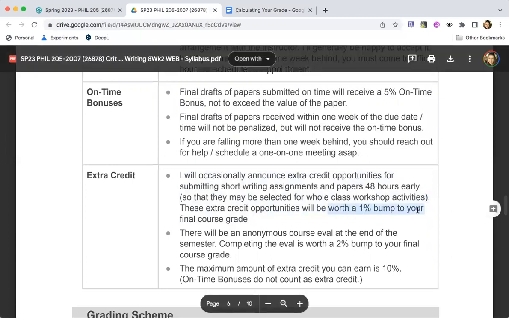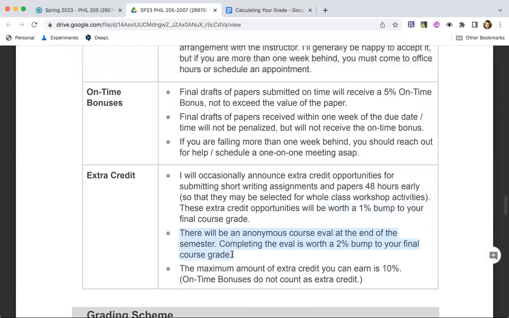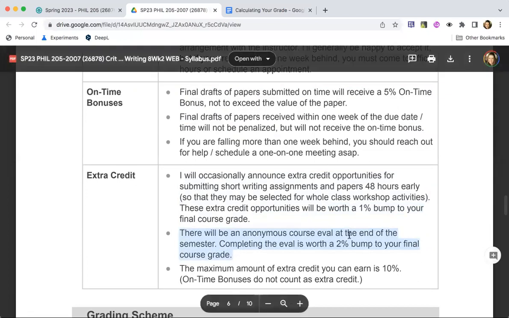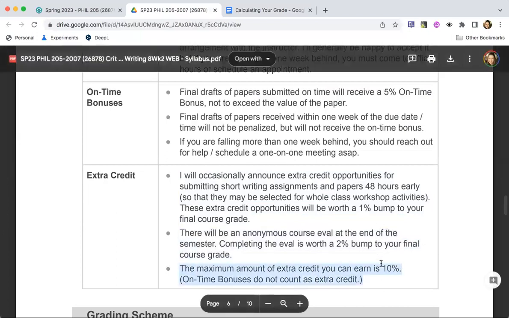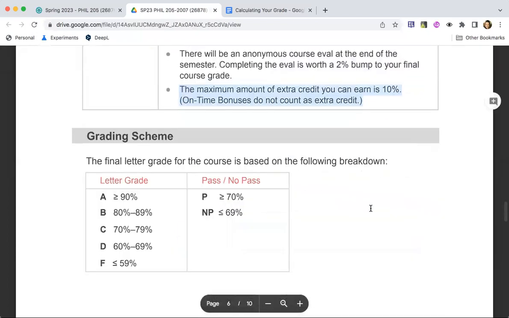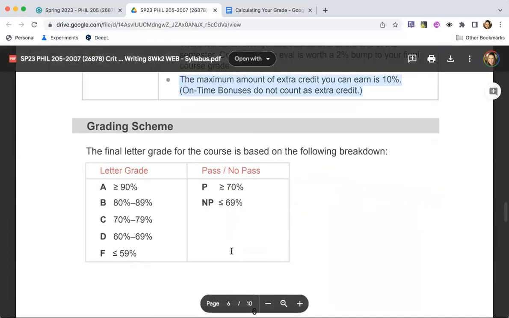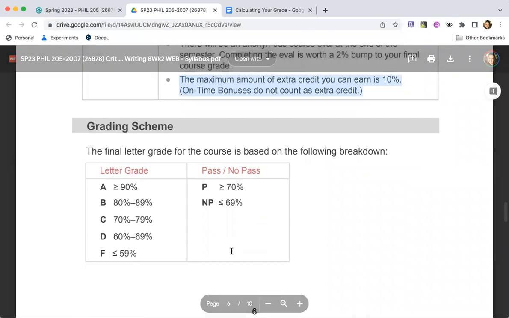You'll get extra credit if you submit early, even if your paper is not selected. Just getting it in early gets you that extra credit bump. There's also going to be an eval at the end of the course worth some extra credit. I don't think anyone's ever earned more than 10% of their grade in extra credit, but if that ever happens, that's the cap. Okay. And basic grading scheme breakdown for your final letter grade.